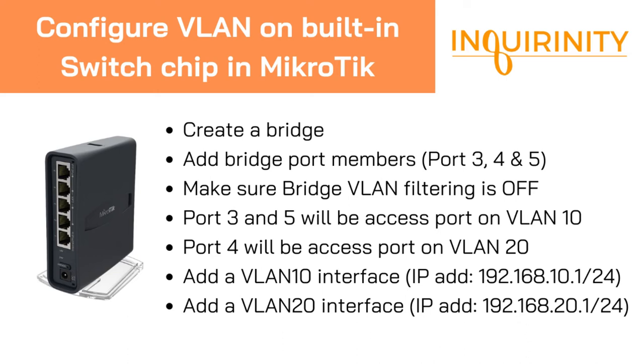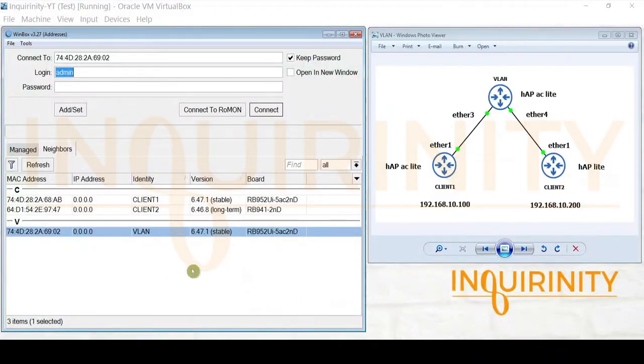We will have some test clients connected on these ports so that we can test reachability, particularly among clients with the same VLAN, when inter-VLAN routing or layer 3 VLAN interfaces are not yet configured. So we have 3 MikroTik devices for our demonstration.